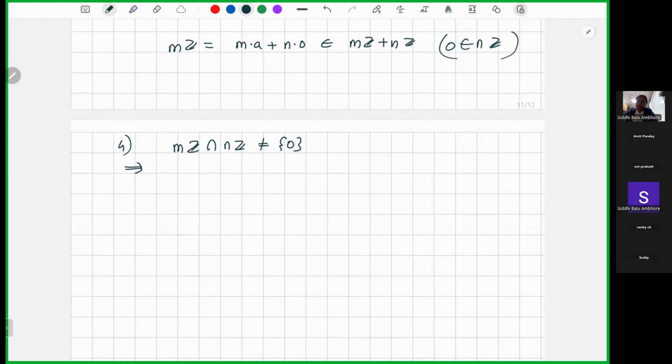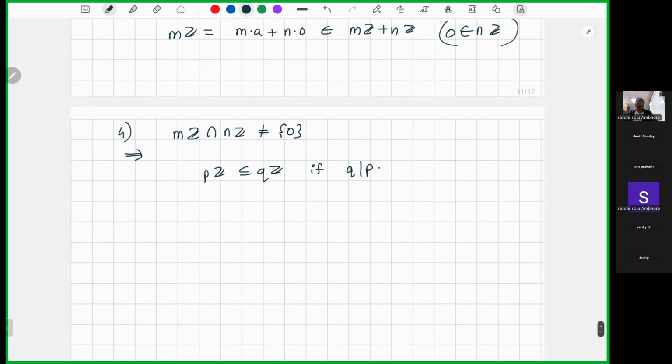Note that we proved the second statement, that is mZ contained in nZ. Let me just change the numbers. pZ is contained in qZ if q divides p, right? m will always divide mn, so this implies that mnZ is contained in mZ.